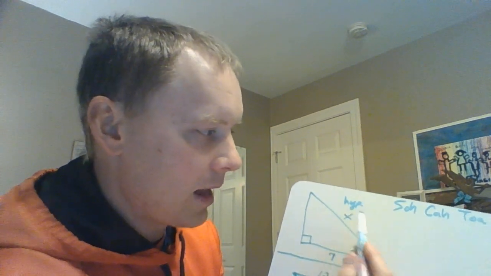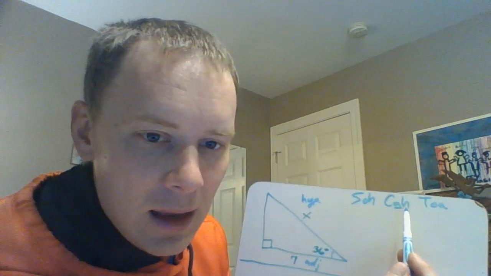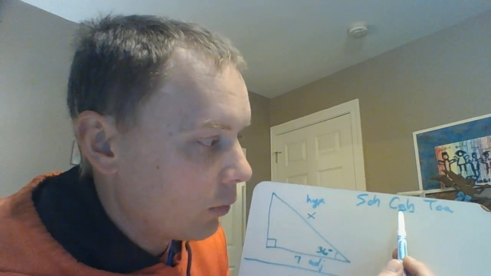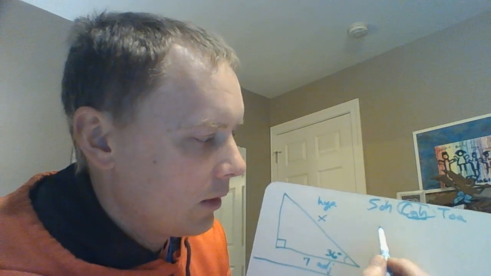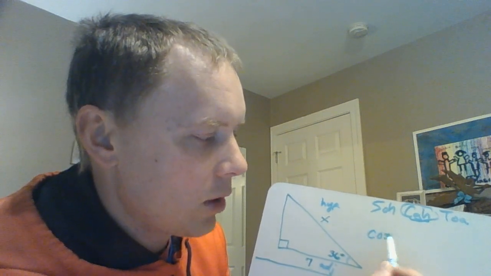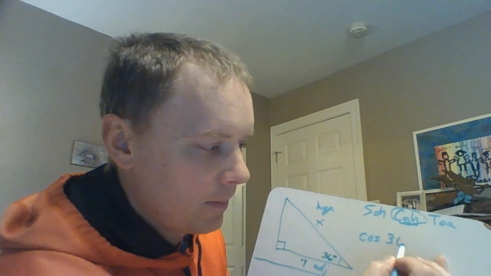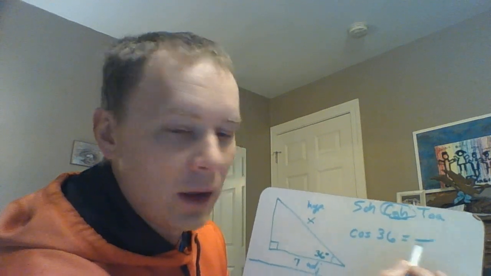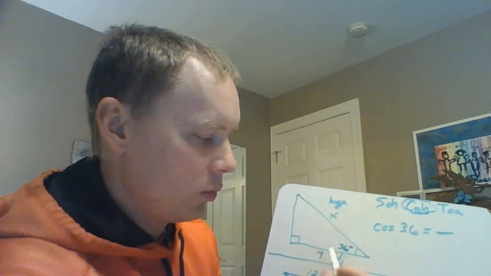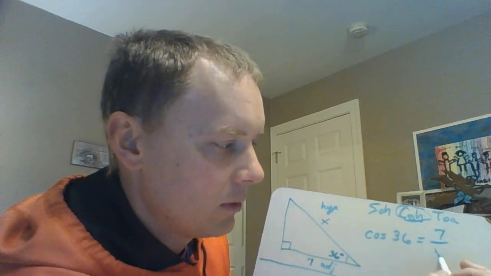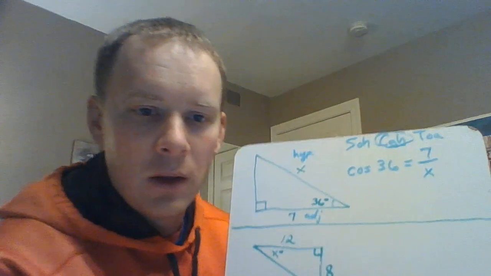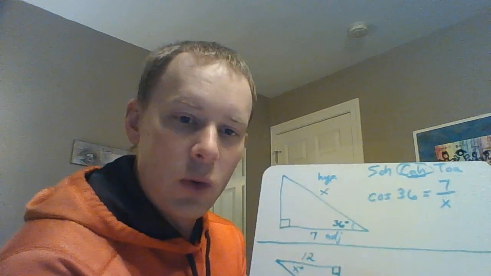Adjacent and hypotenuse, the A and the H, is cosine. So we know we're going to use the cosine. We write cosine, put our angle next, equals, and then write the ratio that cosine is, which in this case is 7 over x.